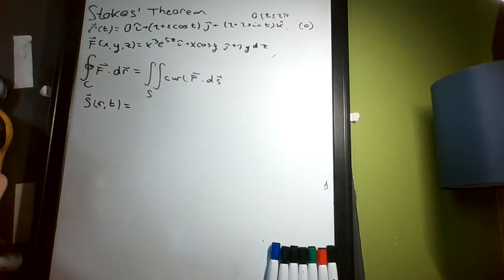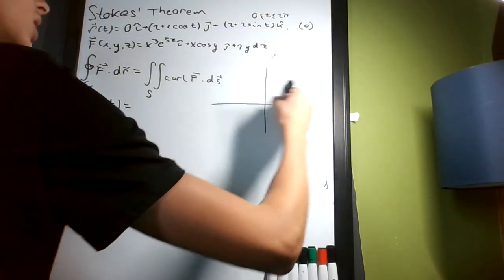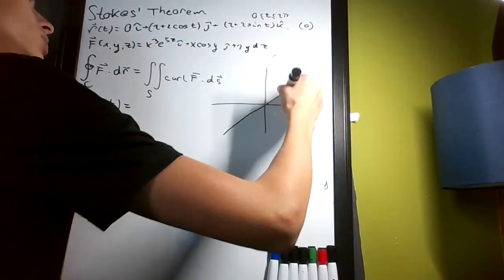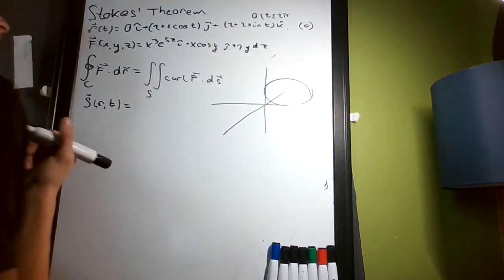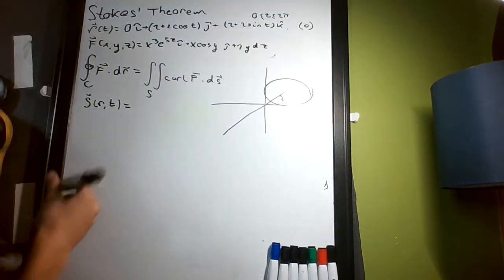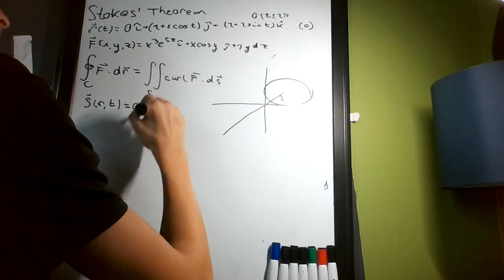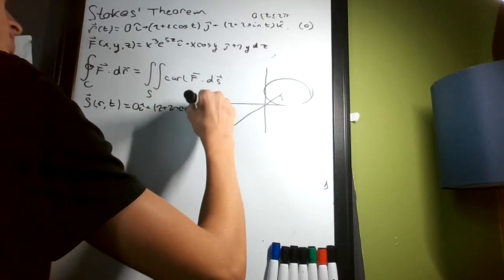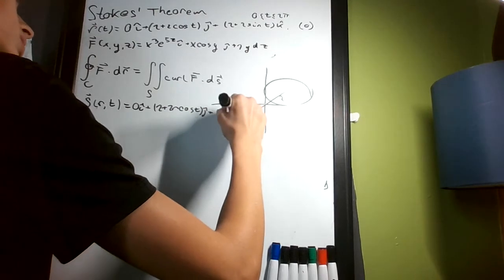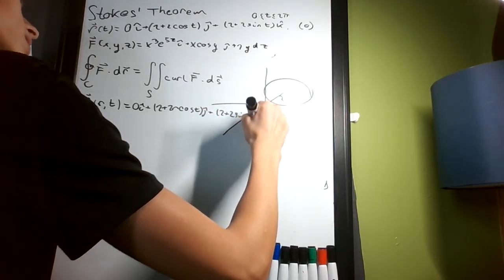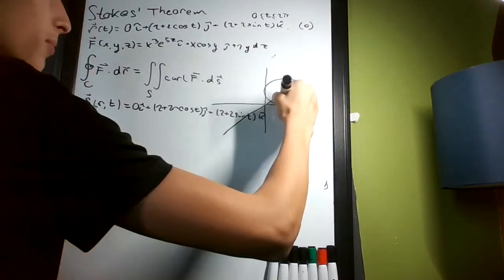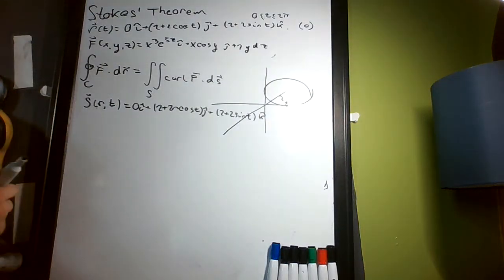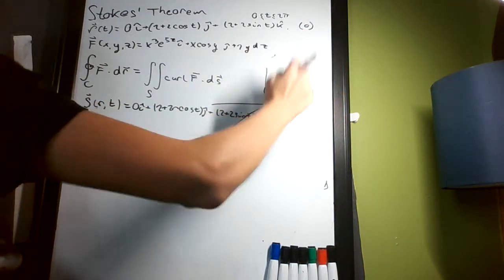If I graph this curve on the YZ plane, you get a circle centered at 2, 2 with a radius of 2. So then I can parameterize it as 0 i hat plus (2 plus 2r cosine t) j hat plus (2 plus 2r sine t) k hat. What I'm doing here is letting r slowly approach it. So given any r, I can just go along that radius line.